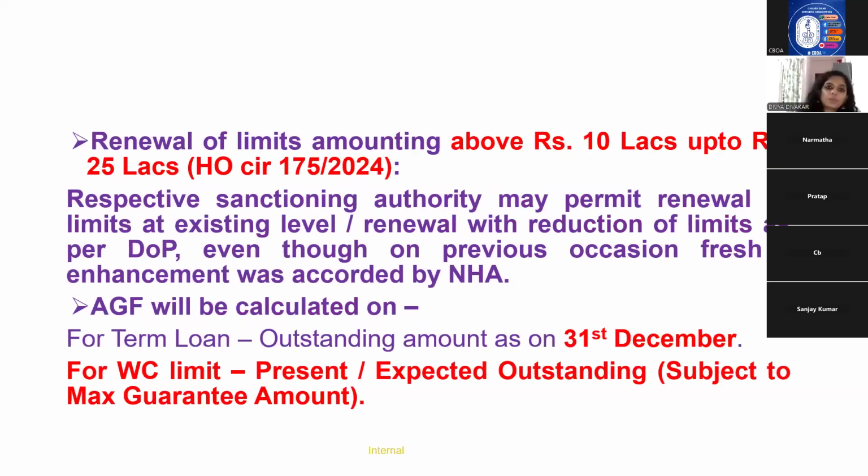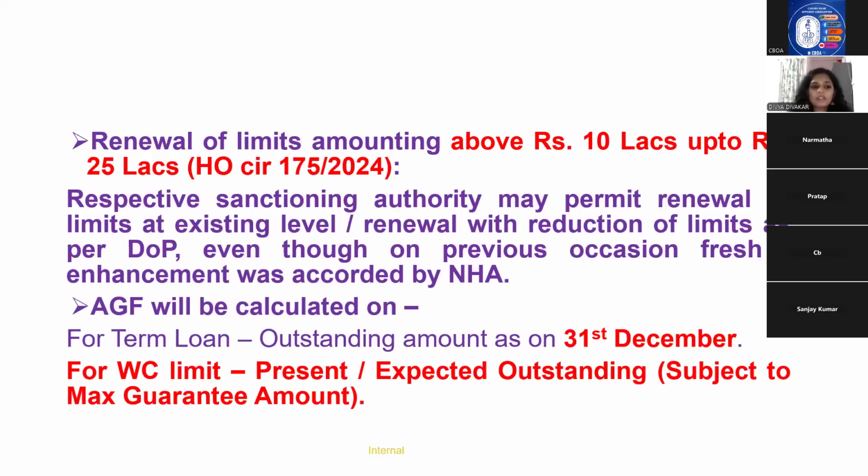Then renewal of limit amounting above 10 lakhs up to 25: the respective sanctioning authority may permit renewal of limit at existing level or renewal with reduction of limit as per delegation of power, even though on a previous occasion a fresh enhancement was accorded by the next higher authority.